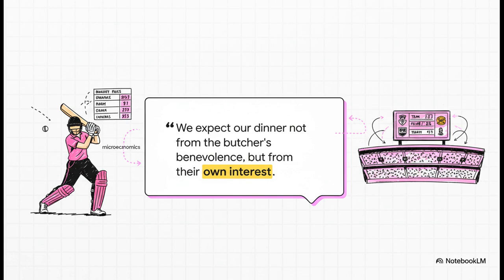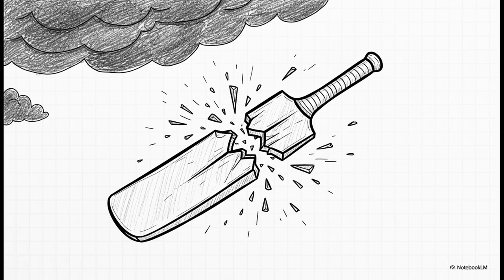He said that if everyone, the butcher, the baker, just works for their own profit, everything will automatically work out for the whole country. The basic idea was take care of the micro and the macro will take care of itself. But you know what? This simple idea, it didn't quite work out.